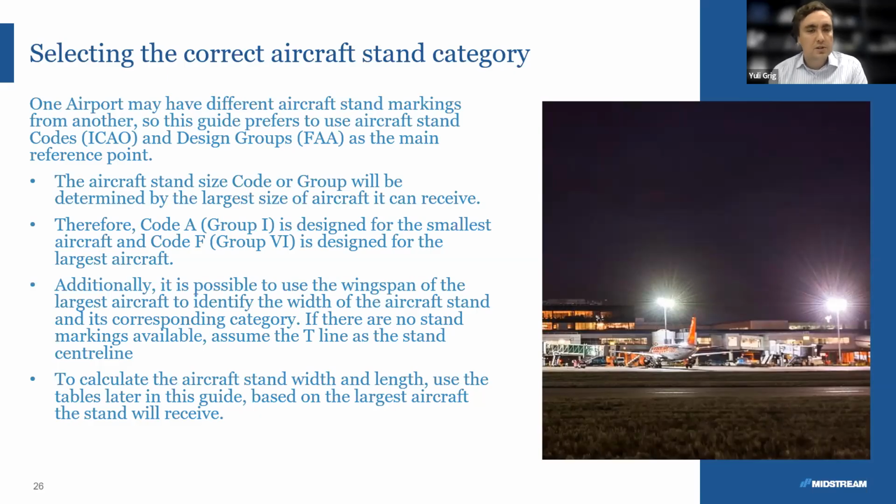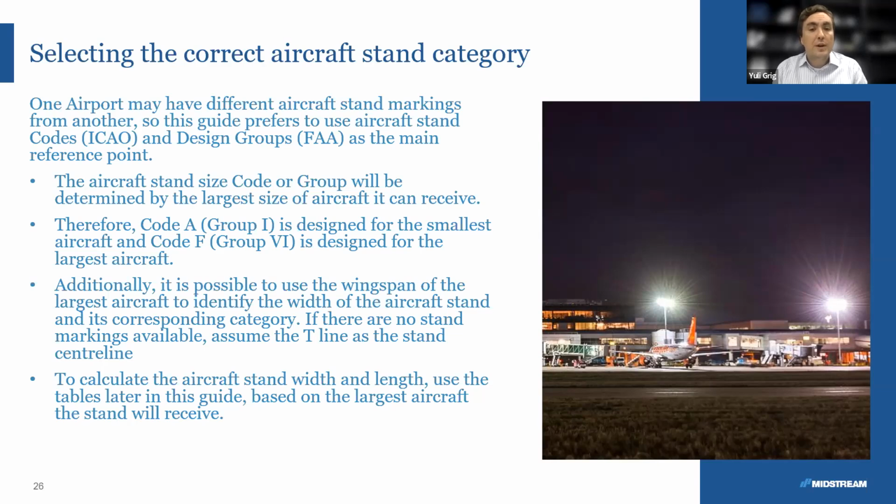The FAA in America uses design groups as a main reference point, so it's a little bit different. But ultimately, an aircraft stand size code or group will be determined by the largest aircraft that it can receive. Therefore code A or group 1 is designed for the smallest, and code F is designed for the largest aircraft. That's group 6 under the FAA.